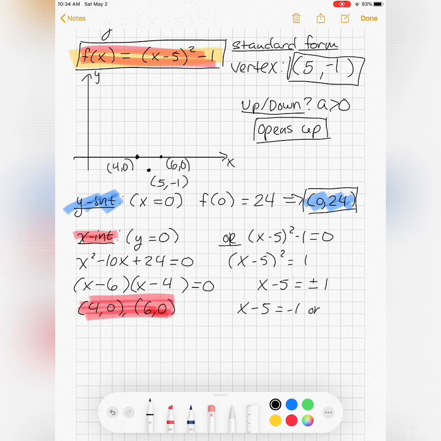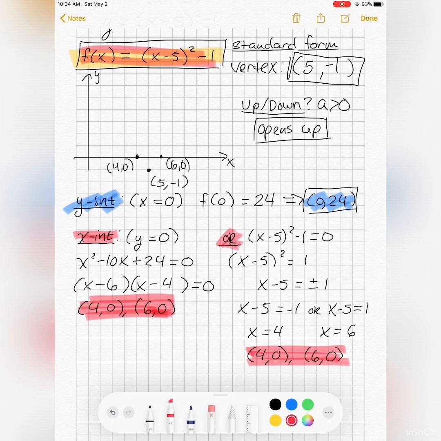So that says either x minus 5 is negative 1, or x minus 5 is positive 1. So x is 4 or x is 6. So you can see I get the same x-intercepts. Okay, so in this example, either of those approaches is pretty easy. But like I said, if the original equation does not factor, then it's nicer to use the standard form to find the x-intercepts.